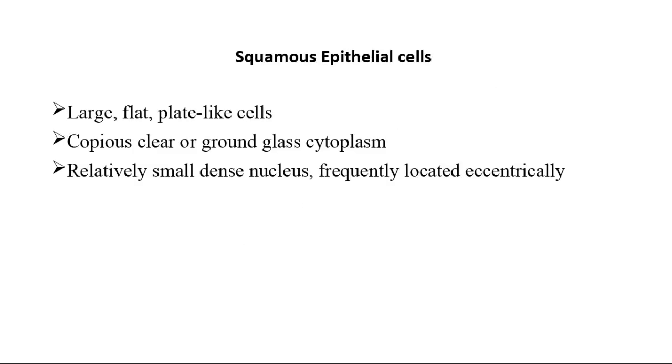First of all are squamous epithelial cells. They are large, flat, plate-like cells with very clear, ground glass cytoplasm, not granular. They have a relatively small dense nucleus, frequently located eccentrically, not in the center, a little bit to the side.